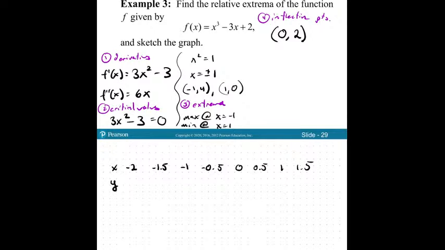I want to do those values because I want points between and beyond the original points that we found. Okay. I'm just going to use the calculator. That just seems more simple.